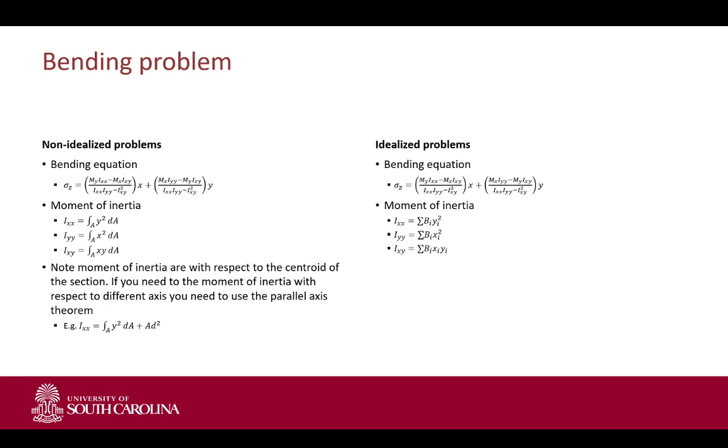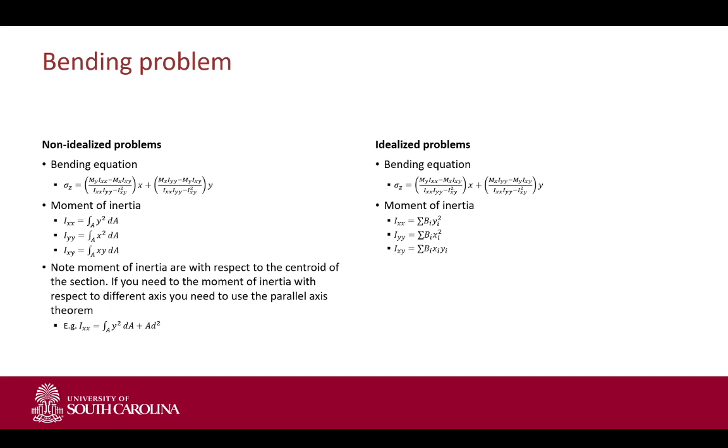So every time we see a problem, the first distinction we can make is: is it idealized or non-idealized? It's a very simple distinction. Basically, if you have areas of booms, it's idealized. Otherwise, it's non-idealized.